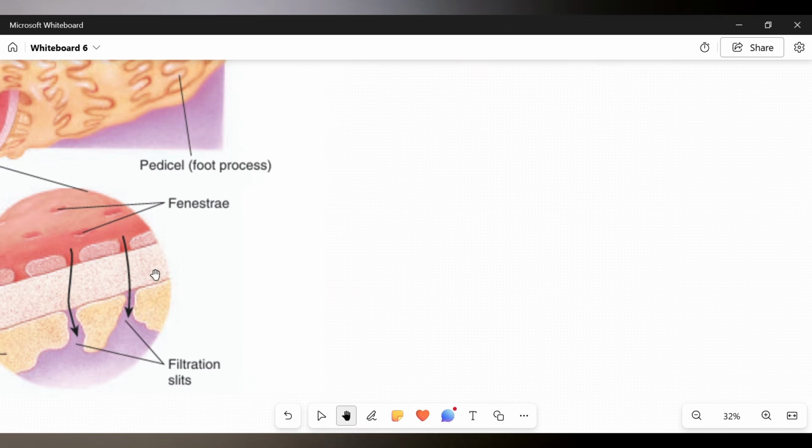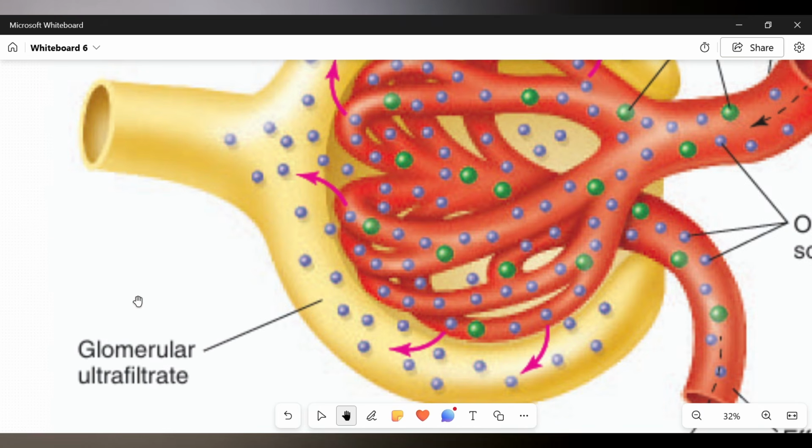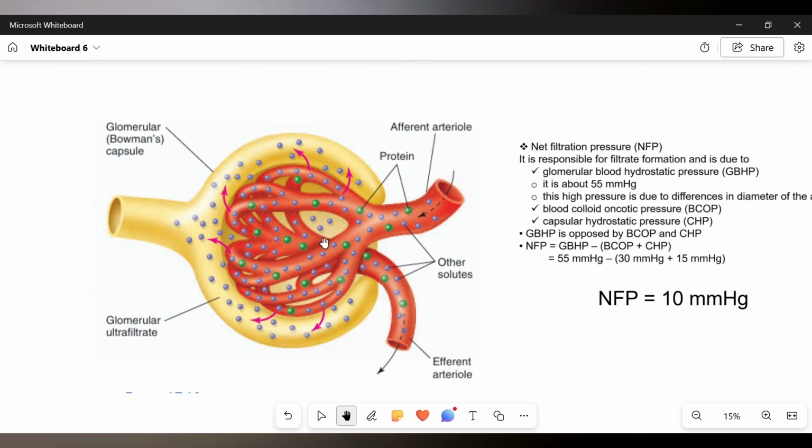All right. Now, essentially, we also want to understand that once blood is drained into the glomerulus, proteins and other large molecules will not be filtered. So you can see that the proteins and other solutes are joining through the afferent arteriole into the glomerulus.